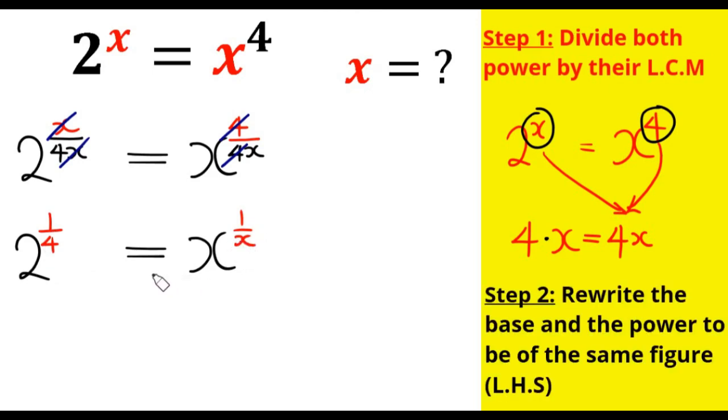So what are we going to do next from here? That is going to be step number 2, that is rewrite the base of the power to be of the same figure on the left hand side. As we can see on the right hand side, we have the same variable x as the base and as the denominator of the power.